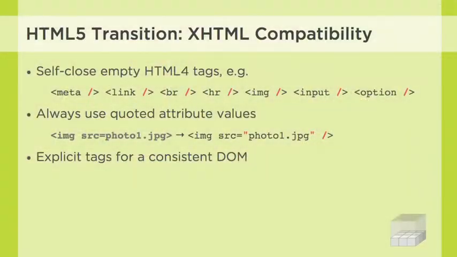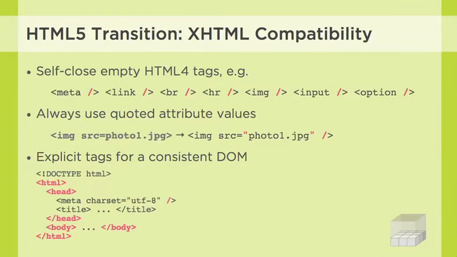You didn't really need them in HTML4 either, but they were encouraged to keep the document clear, to have a consistent start and beginning, end, and all that. Well, for XHTML compatibility, one of the things that you should include for what they call a consistent document object model are all the tags explicitly. So in this case, we take that doctype HTML example and we add the HTML tag around the entire thing, right?